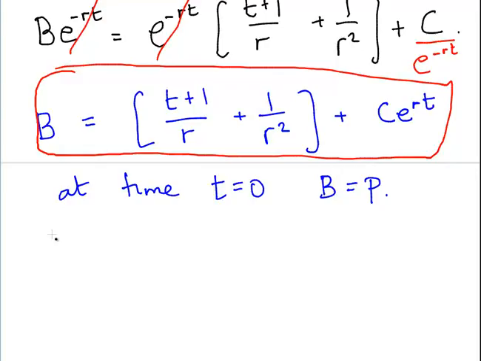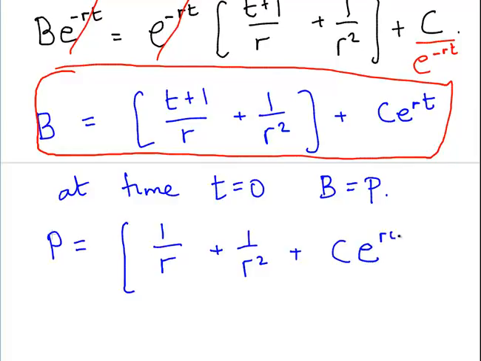P at time equals 0, so we have 1 over r plus 1 over r squared plus c e to the r times 0. Okay, anything to the power of 0 is 1. Okay, so we have c times 1, which is just c. Okay, so there we go. That's where we are. I'm just going to pause it for a second, catch my breath.